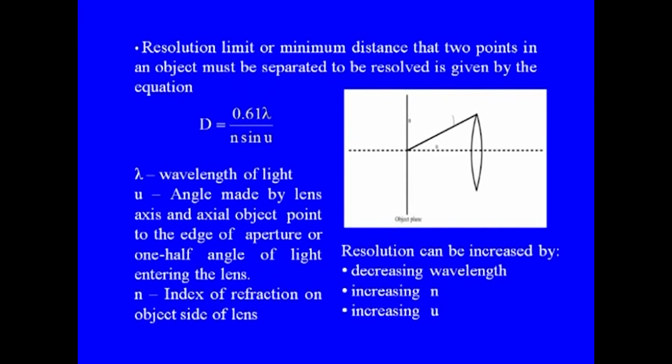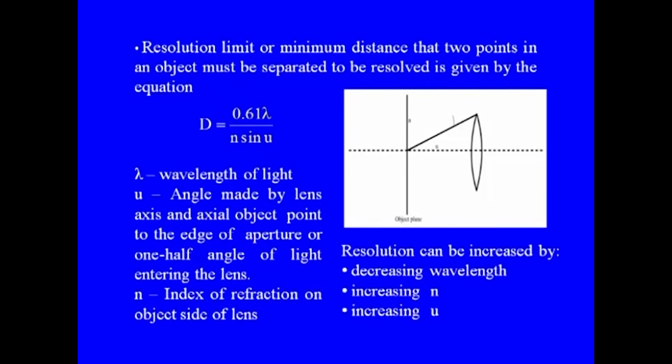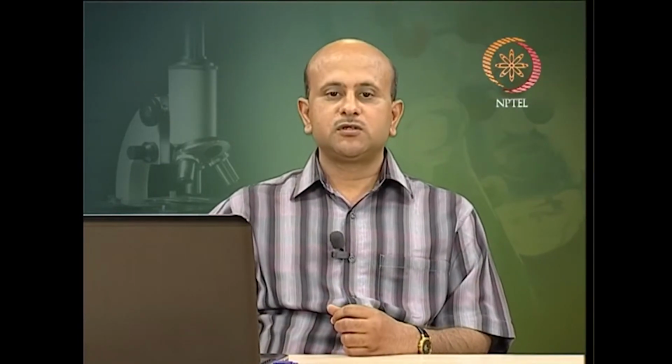Increasing n, that is refractive index: when you have oil immersed lenses, the refractive index is higher and you can get better resolution. And increasing u: as you bring the lens closer to the object, u will increase, and that will increase the amount of light gathered, and therefore it will increase the resolution obtained.